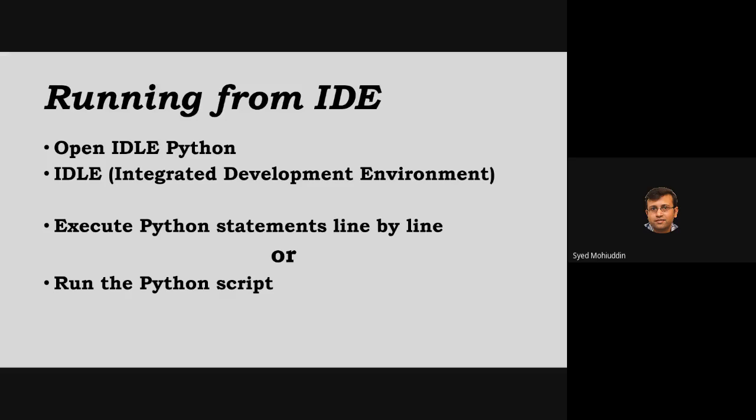You can just Google Python, download it, and you will get the latest version of Python for Windows or Mac, depending on your operating system. Once you download it, on your Windows start menu itself, you'll get the IDLE editor as well as Python.